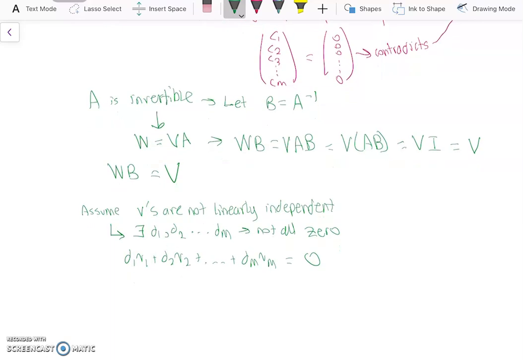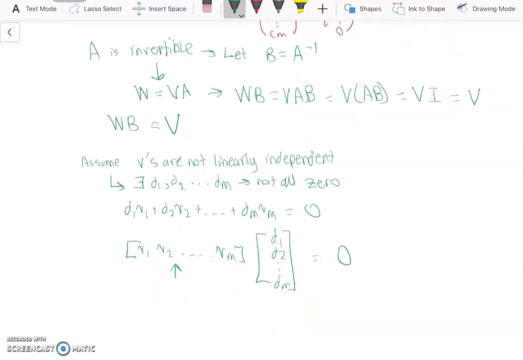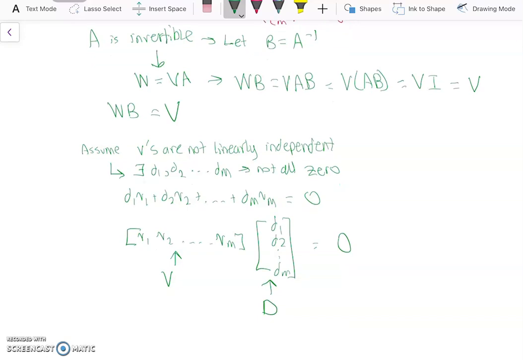Okay, and this can be rewritten using matrices. So we have v1, v2 up to vm times d1, d2 up to dm, and this is equal to 0. So this matrix is V, and let's call this matrix D. So now we have WB equals V and VD equals 0.